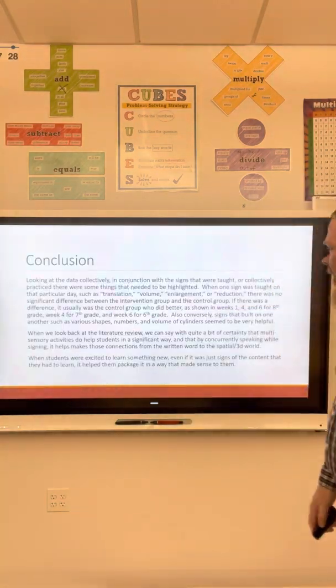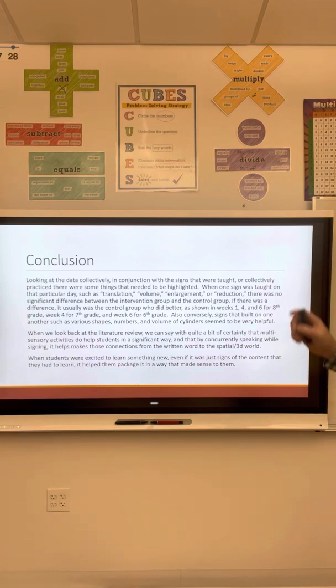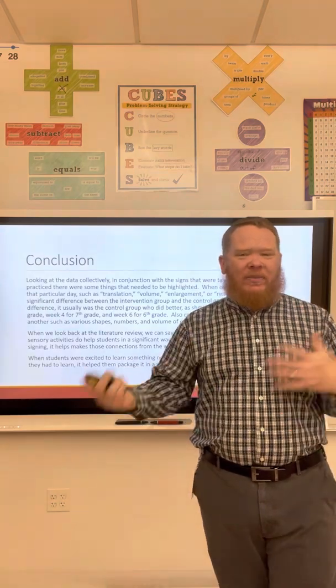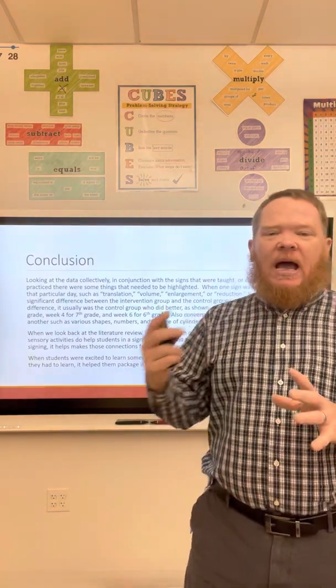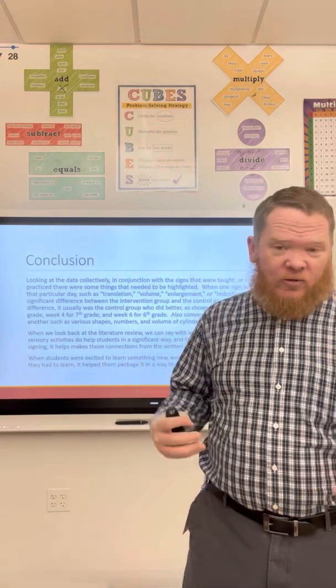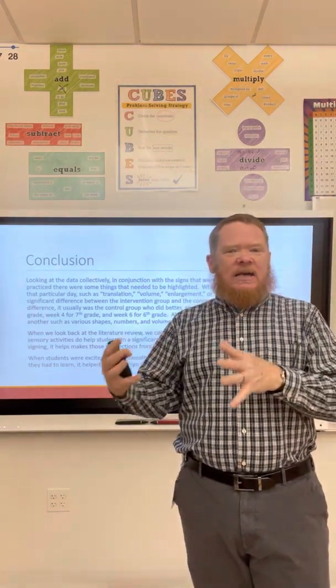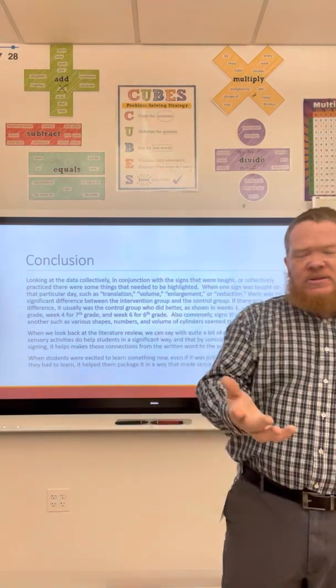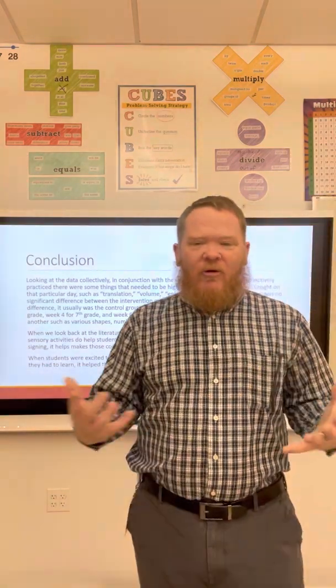So here's kind of my conclusion. Looking at it collectively, I've noticed that when we just focus on one sign, it didn't really make a big difference. When we sign multiple things, and they connect to one another, like a line of thought, it seemed to do a lot better. As an example, volume of cylinder.